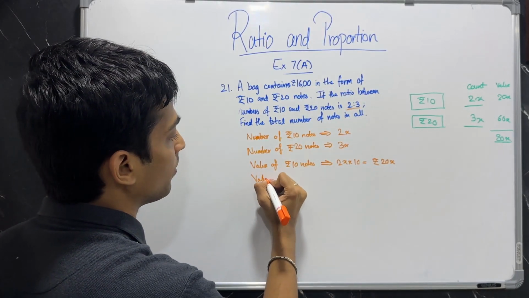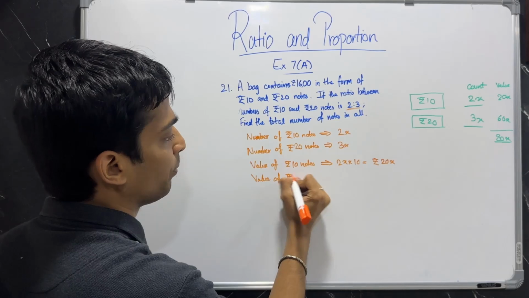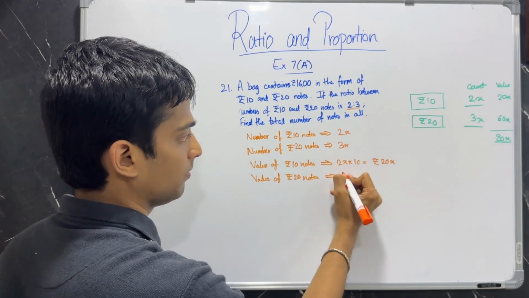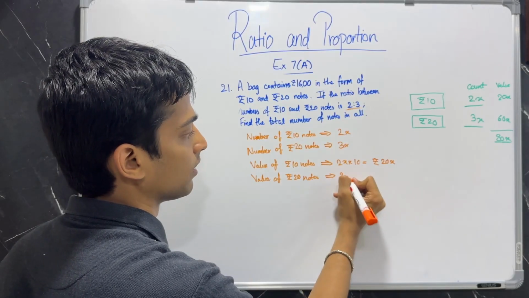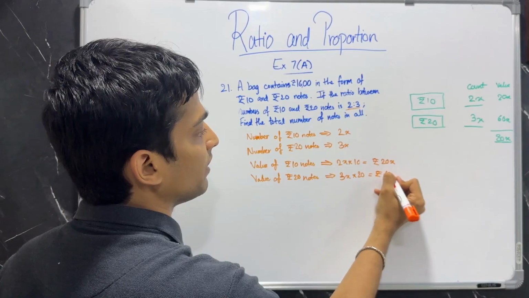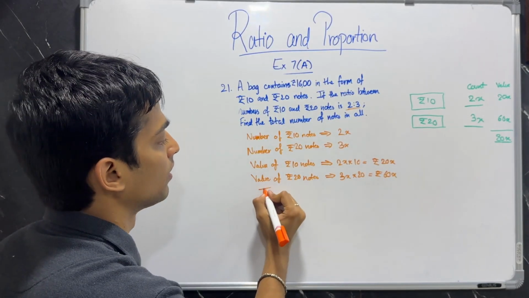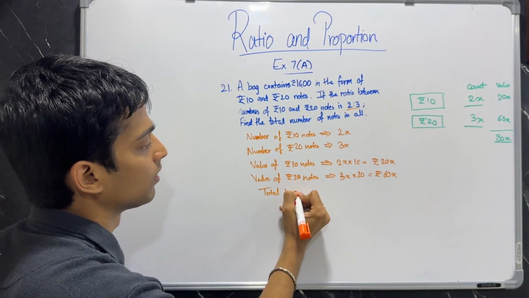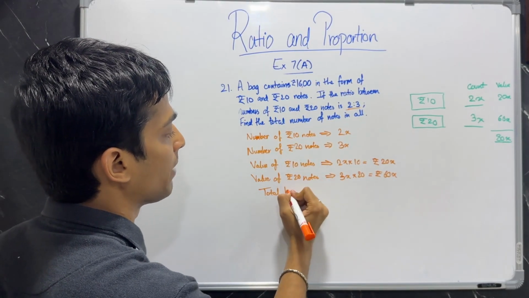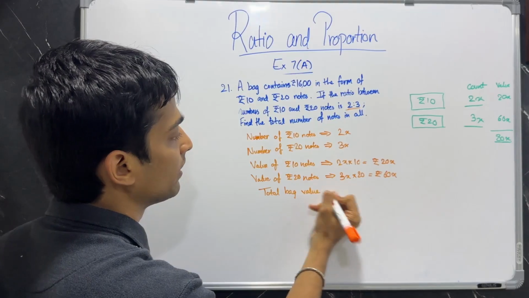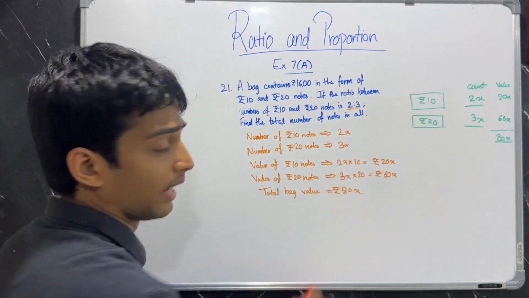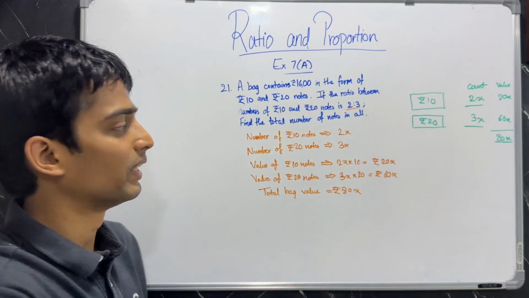And value of 20 rupee notes will be 3x multiplied by 20, which is 60x. And the total bag value will be simply the addition, 80x rupees.